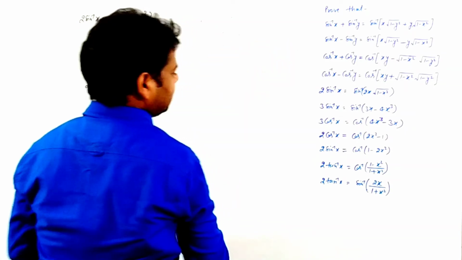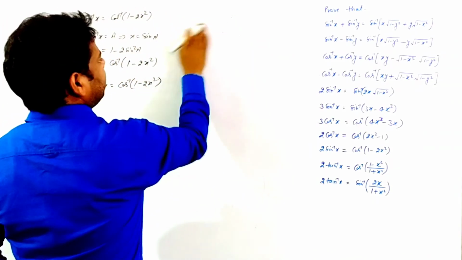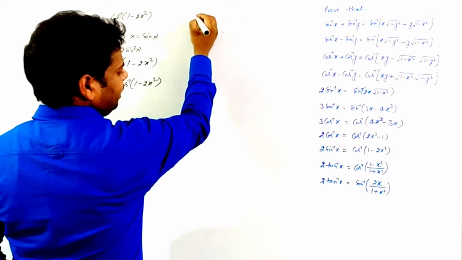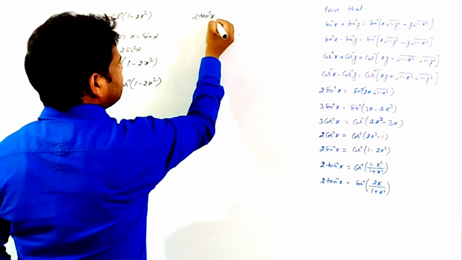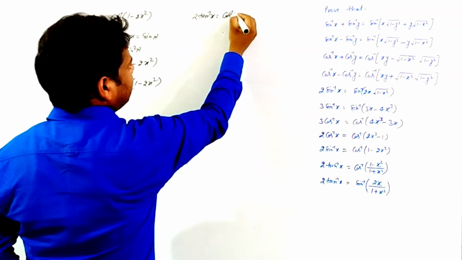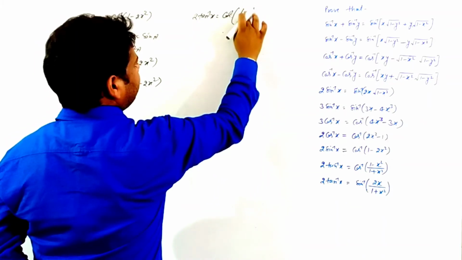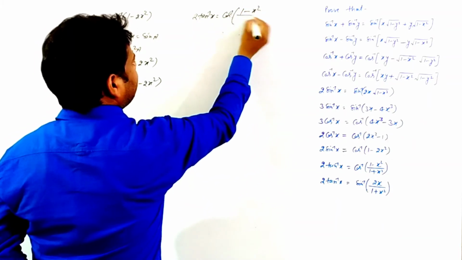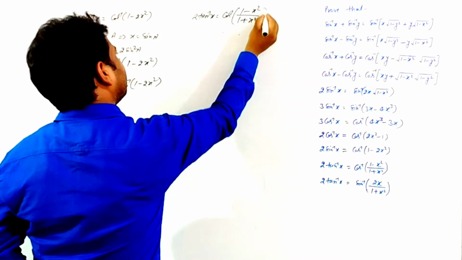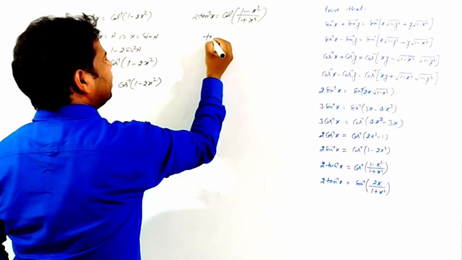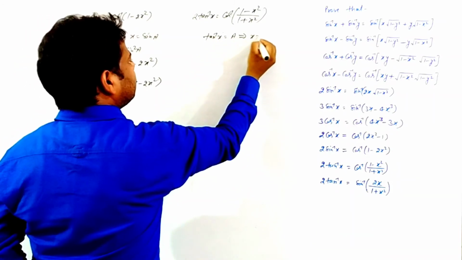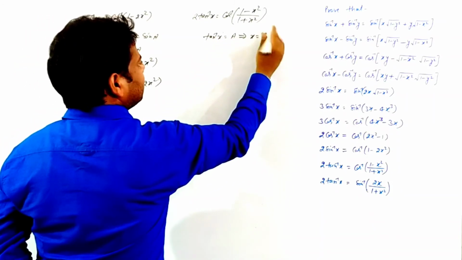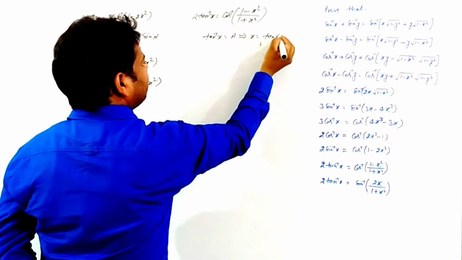We have 2 tan inverse x is equal to cos inverse (1 minus x square upon 1 plus x square). First we can write this formula: 2 tan inverse x is equal to cos inverse in bracket 1 minus x square upon 1 plus x square. Let us suppose that tan inverse x is equal to a, and x is equal to tan a.